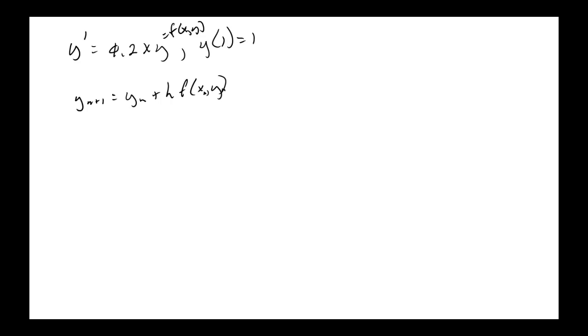Your y sub 1 is 1, and x sub 1 is 1. That's from your initial values. So we'll do y sub 2, which is y sub 1, which is 1, plus your h. We're first doing h of 0.1, and then later we'll do h of 0.05.